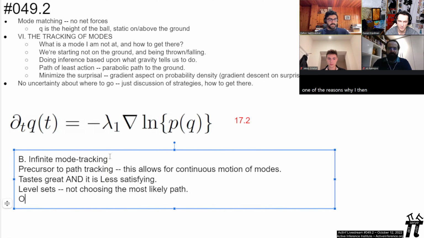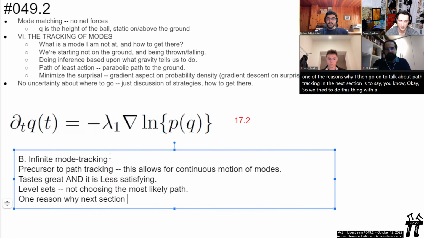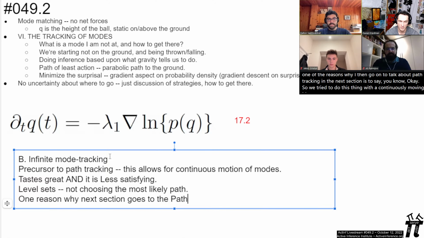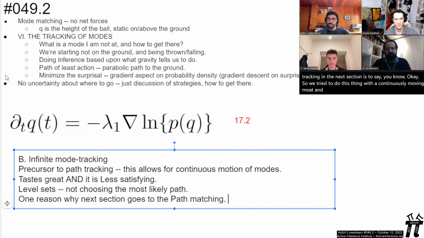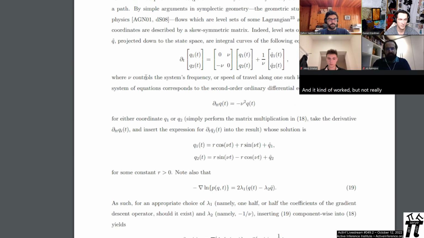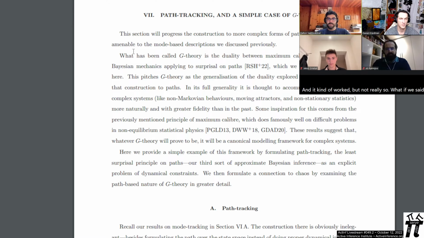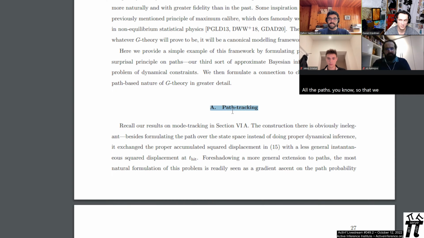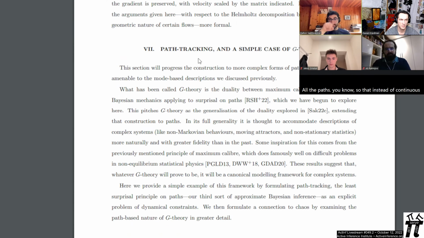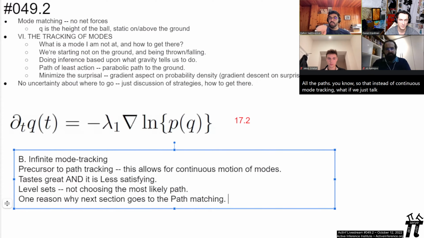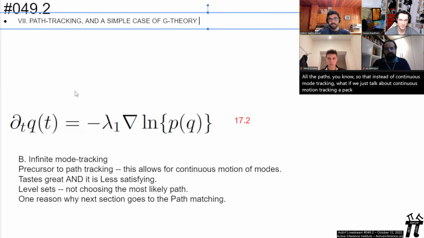Which is one of the reasons why I then go on to talk about path tracking in the next section, is to say, okay, so we tried to do this thing with a continuously moving mode, and it kind of worked, but not really. So what if we said something about minimizing the surprisal of paths? So that instead of continuous mode tracking, what if we just talked about continuous motion, tracking a path?